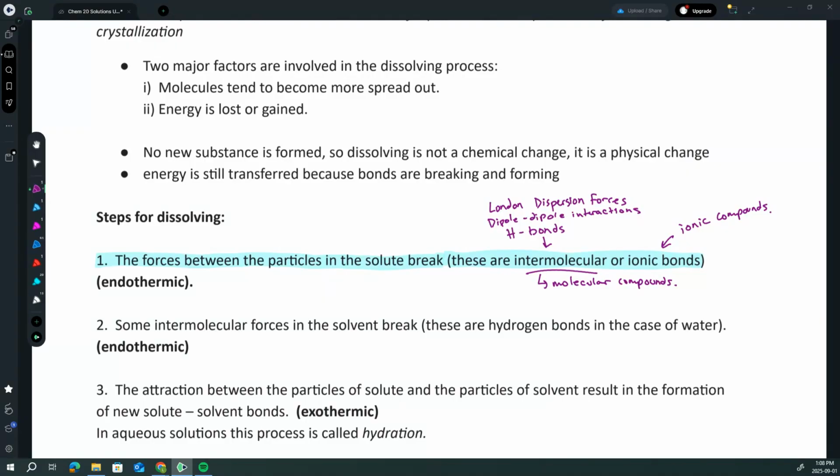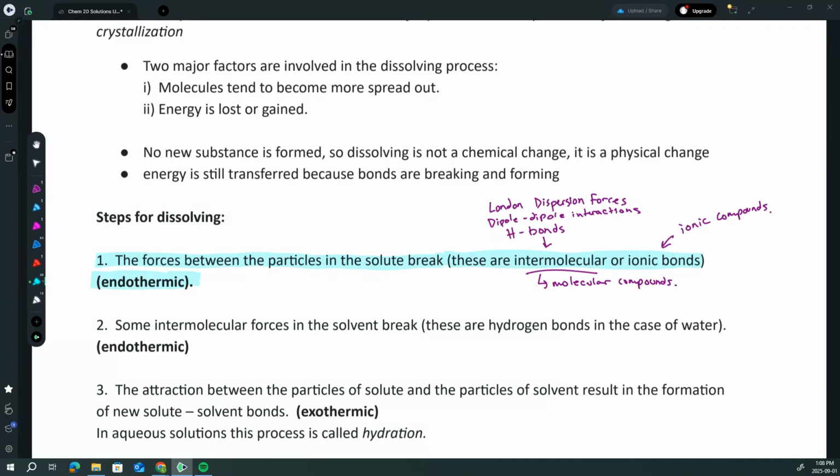All right, so the process in which the forces between particles are breaking is going to be endothermic. Okay, so endothermic, what does that mean? It means that energy is going into something.